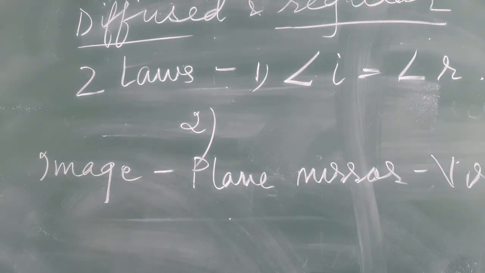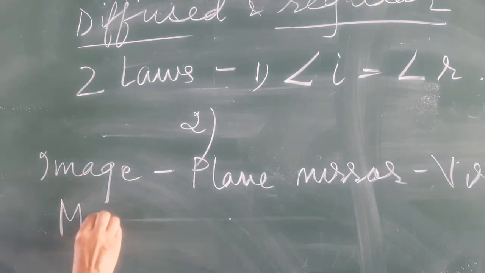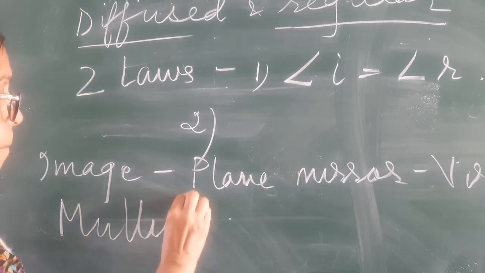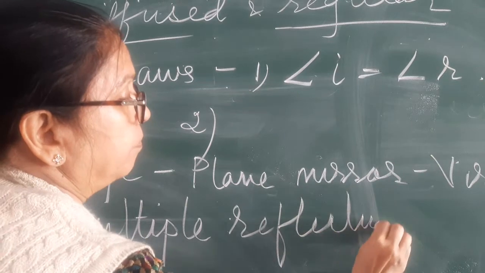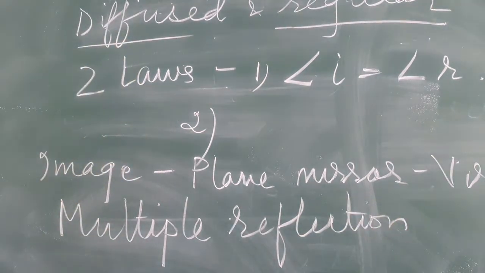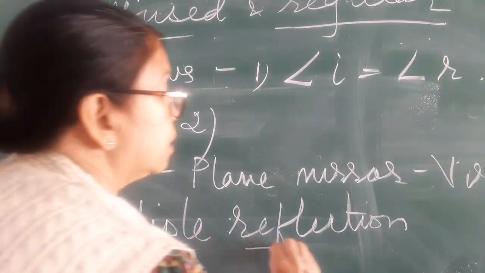Now, a number of images, children, there is also one principle which is known as multiple reflection. Number of images are formed if the object is placed between two mirrors at an angle. This principle is used in making a kaleidoscope.